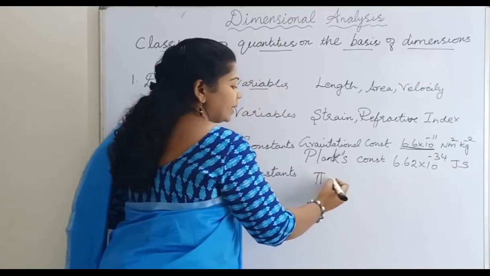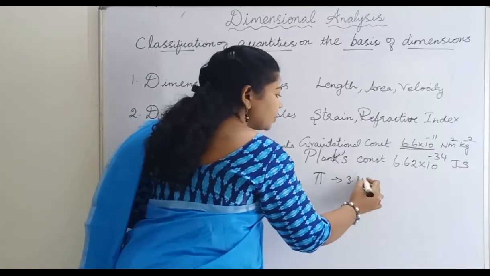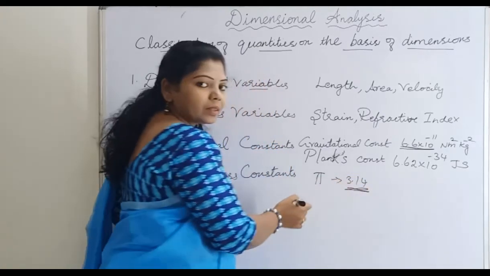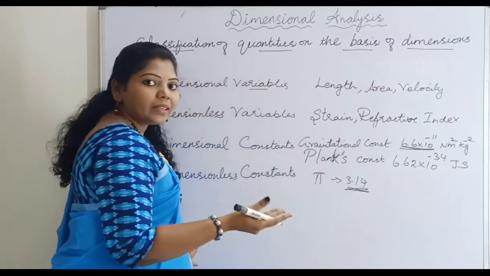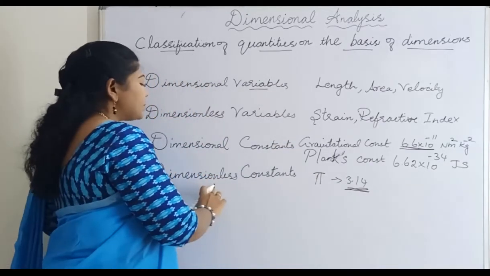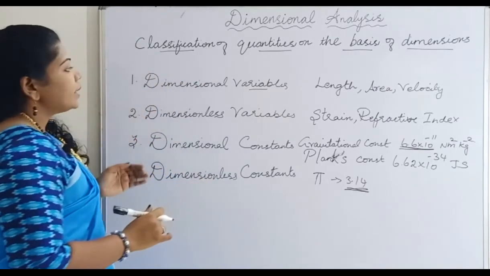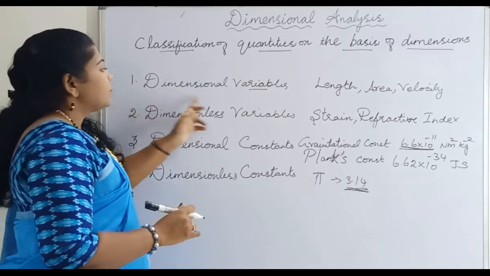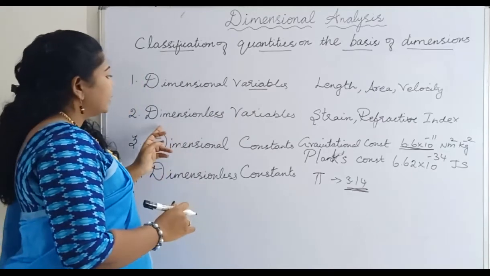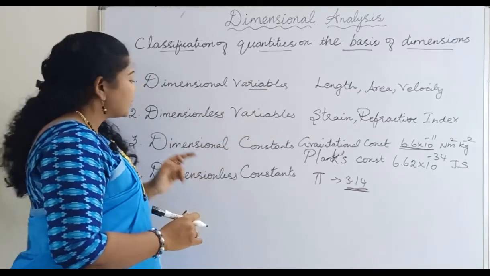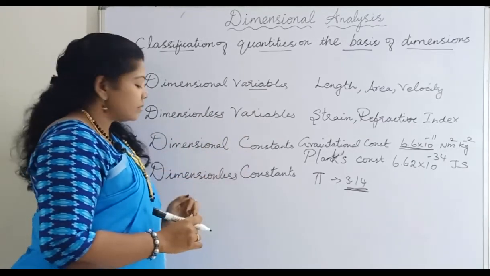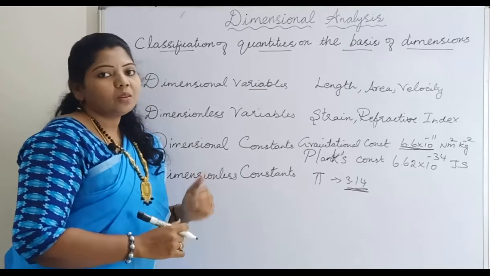We know the value of pi is 3.14. It's a constant and it does not have any dimension. So it comes under dimensionless constants. So what are the four types? Dimensional variables, dimensionless variables, dimensional constants, and dimensionless constants.